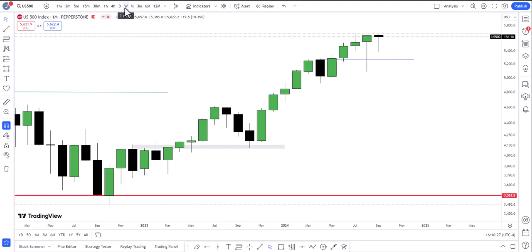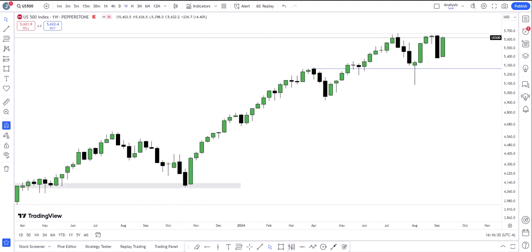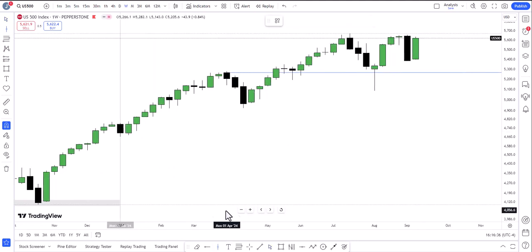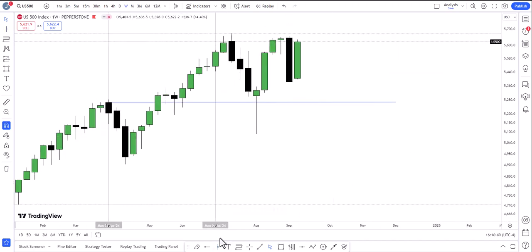I'll break this down now into a weekly. Just show the year so far. Here's the start of our year, so actually I'll show it in quarters just to give everyone a better outlook of how the year is looking so far.